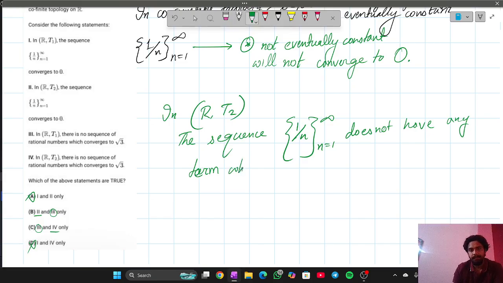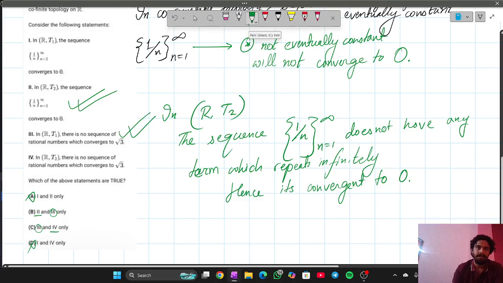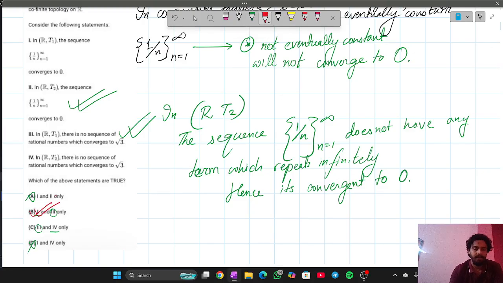So any term which repeats infinitely, okay, which repeats infinitely. Hence, it is convergent to 0. And so we can understand that this is a true statement. Okay, this is true, and we also know that 3 is true, and from this logic we can say that B is the correct option here. Okay, so here B is the correct option.